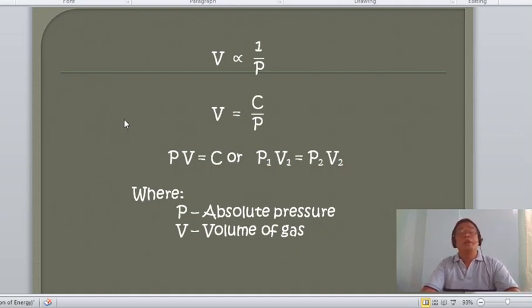We can write P1 V1 equals P2 V2 equals constant, where P is the absolute pressure of the gas and V is the volume of the gas.